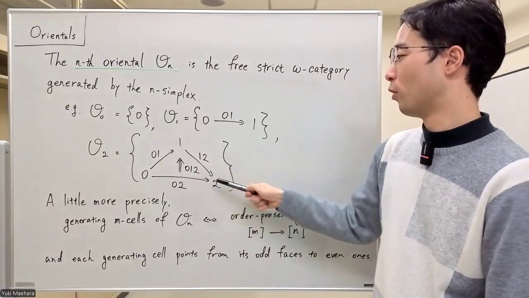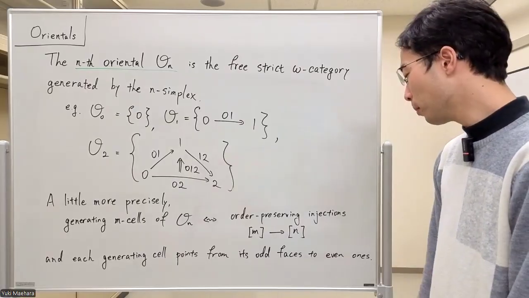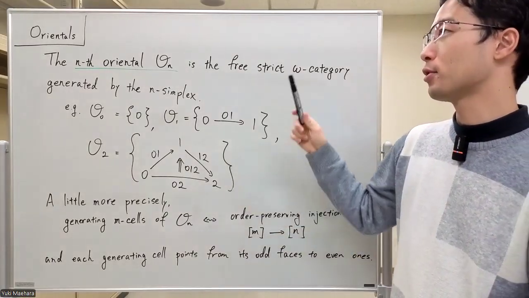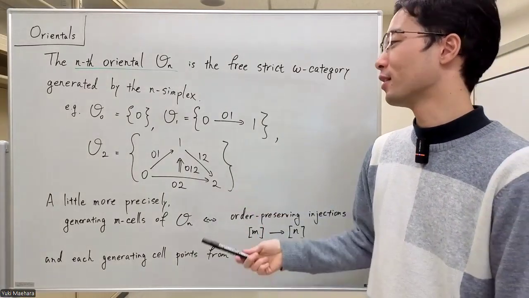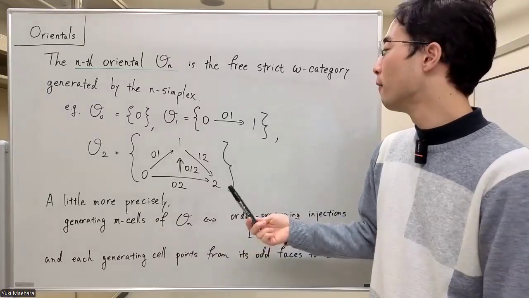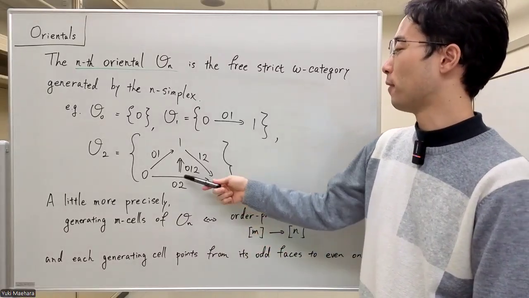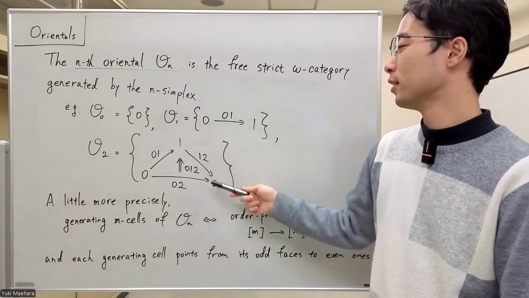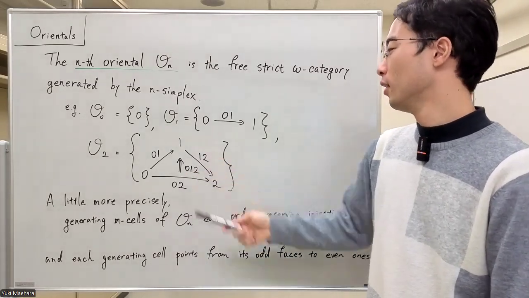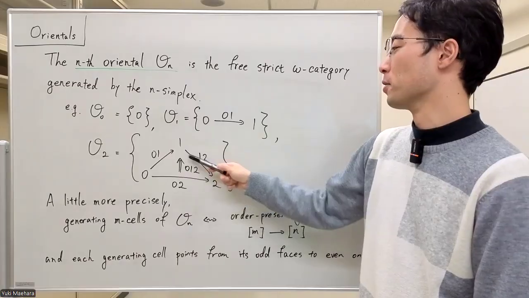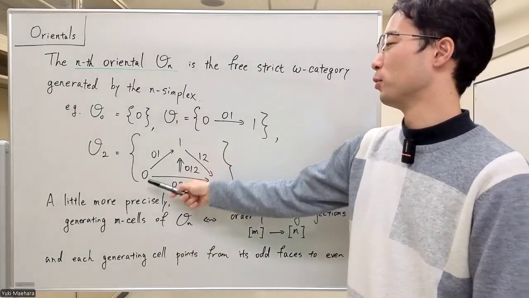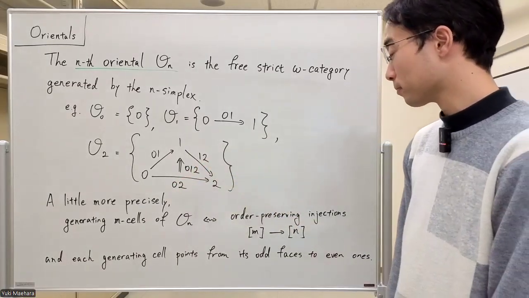So this is the source of this two cell. But a 2 simplex has two even faces, namely the 0th and the second faces. The 0th face of [0,1,2] is [1,2]. The second face is [0,1]. So the target of this two cell is the composite of these two one cells.